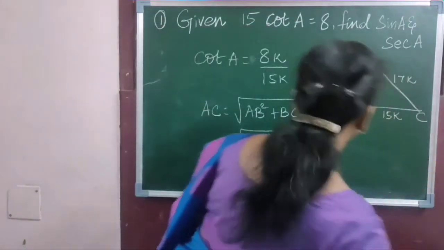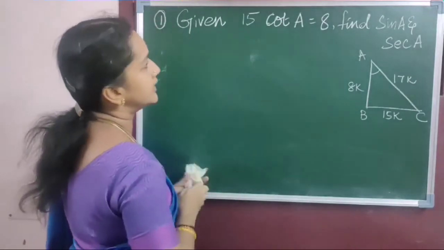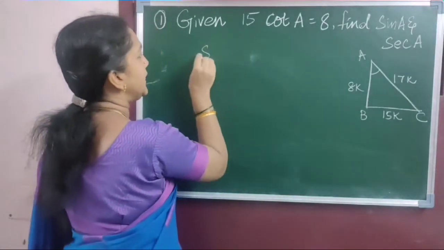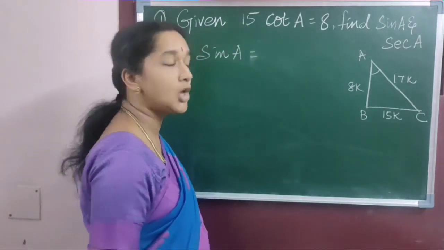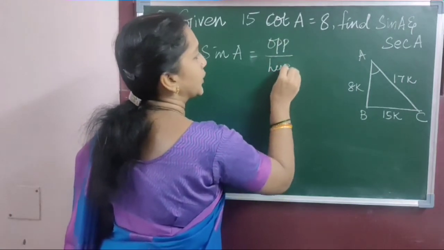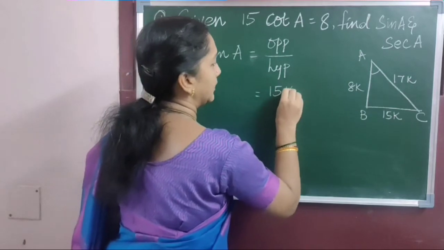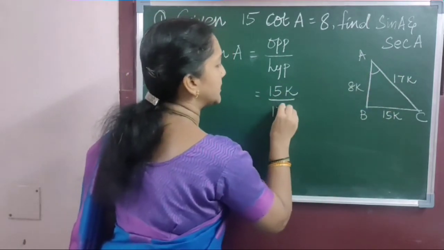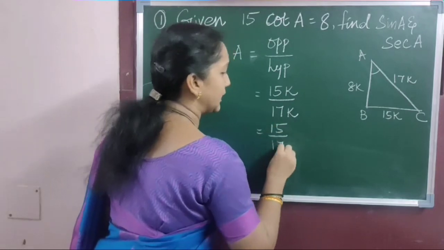Now it is very simple. You have to substitute it. You are asked to find sin A value. So what is sin A? Opposite by hypotenuse. Opposite is 15k, hypotenuse is 17k. When you simplify this, you will get 15 by 17.